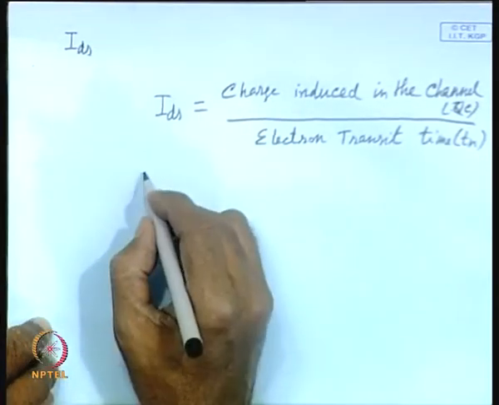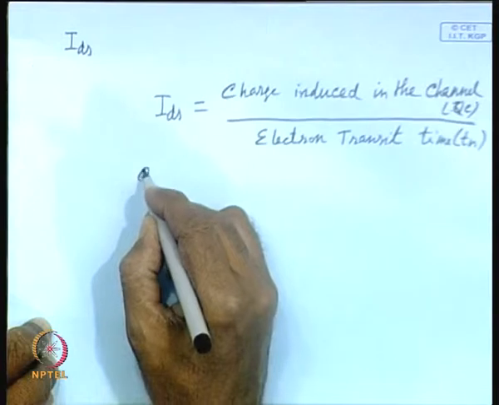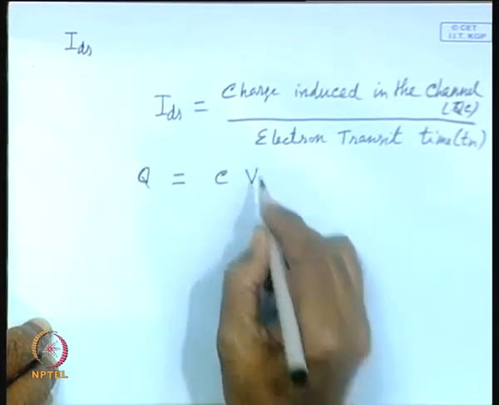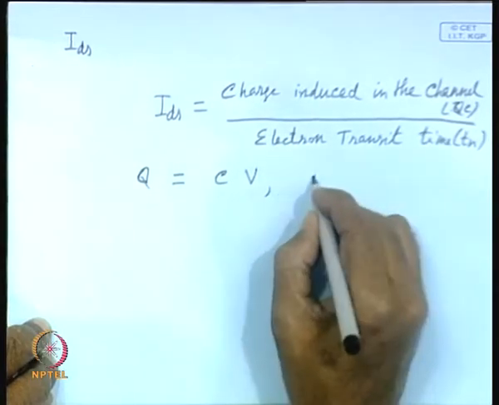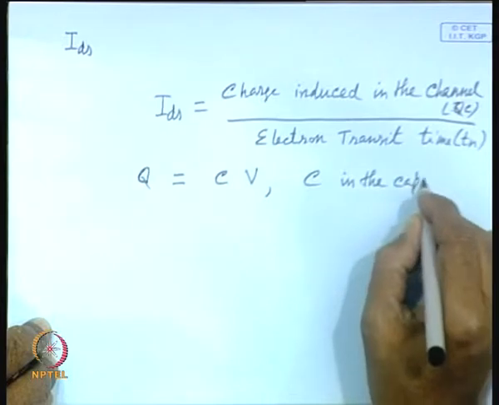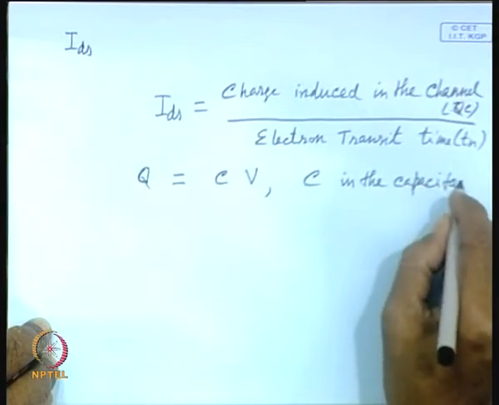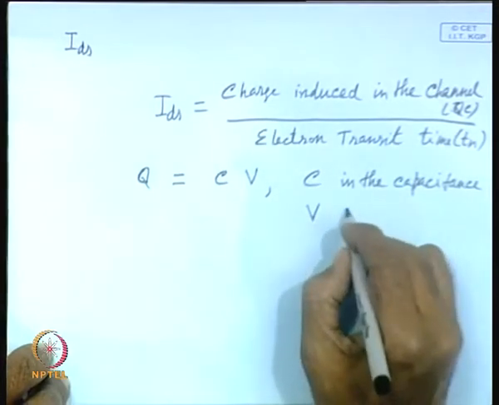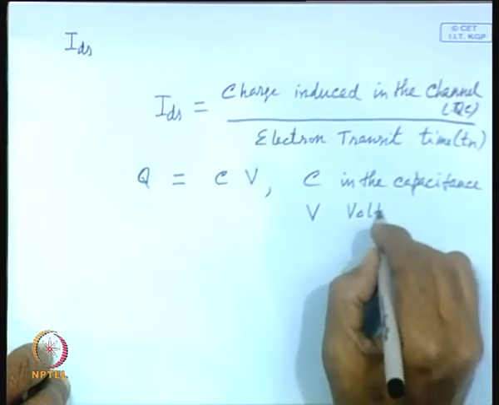So, as you know, the charge accumulated in a parallel plate capacitor is Q equal to C into V, where C is the capacitance, and as we have seen, it can be considered as a parallel plate capacitor, and V is the voltage applied across the parallel plate capacitor.